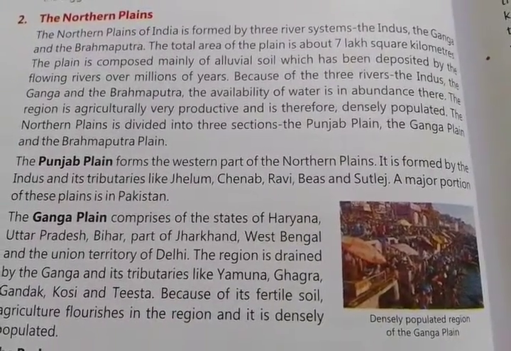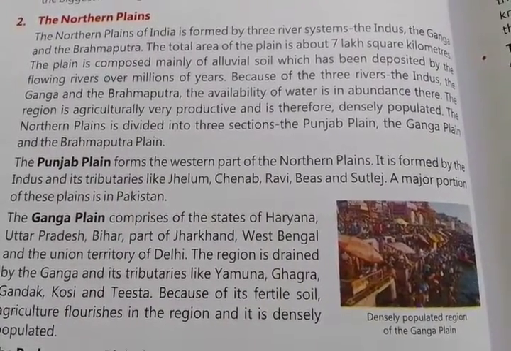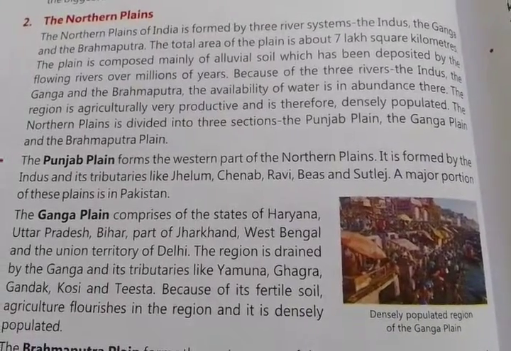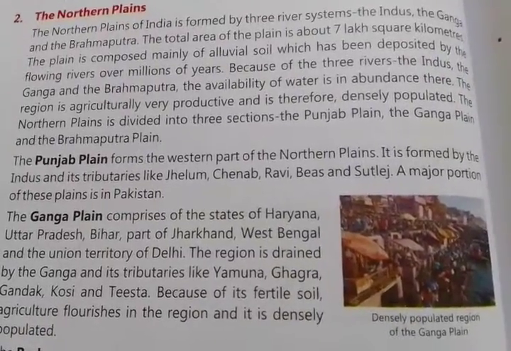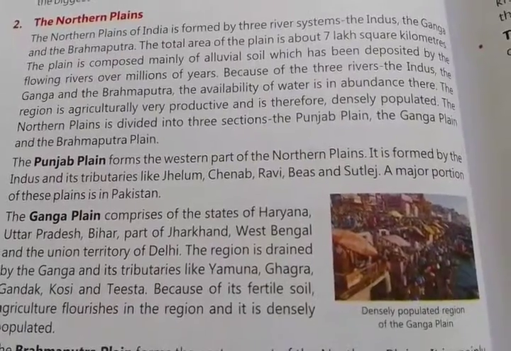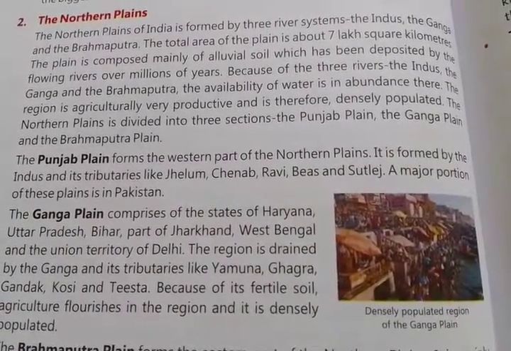This great plain is composed mainly of alluvial soil. Alluvial soil is always deposited by the flowing rivers, and it was deposited over millions of years.